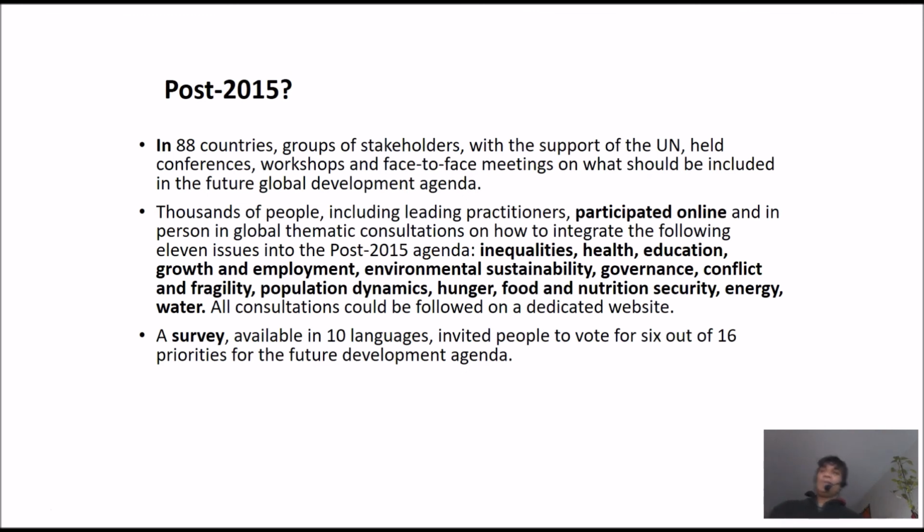So after 2015, we had to figure out a new way to go forward. So remember, the MDGs were written by a handful of people with a set of goals in mind. But now we had a bigger inclusive project. 88 countries, groups of stakeholders, all these meetings were done.